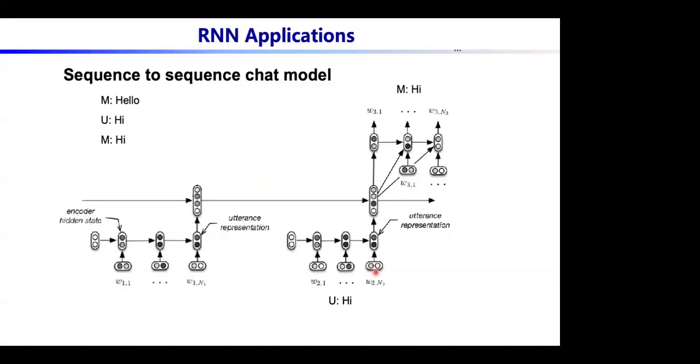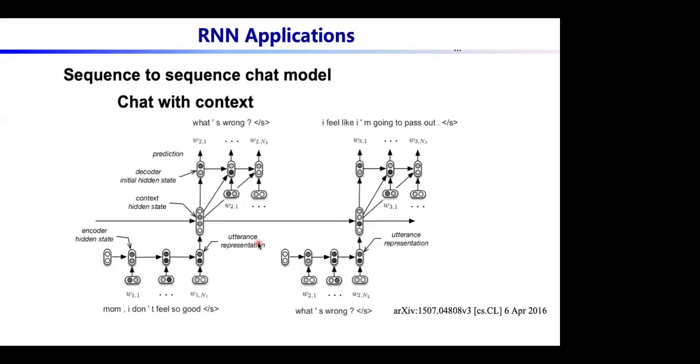So anyway, a chat model, RNN model, or specifically our LSTM model, must be quite complicated in order to be able to make the chatting sensible, to make sense according to human knowledge. So these kind of things.